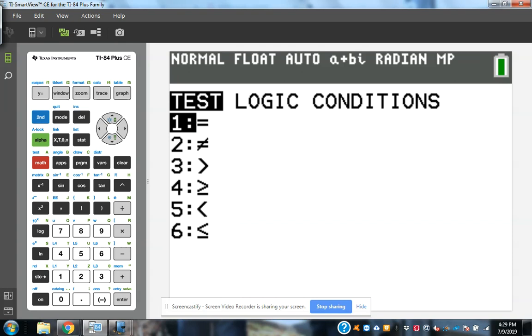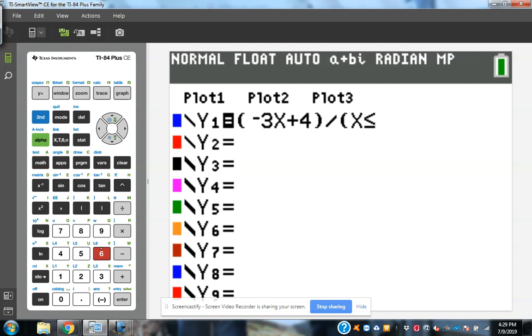Second and math takes you to this test menu, which has the inequality symbols in there. We just need to pick the one we want. We want less than or equal to, and that's the last option, number 6 there. Then I type a -1, close those parentheses, and I'm going to hit graph just to show you that picture of that part of the graph.